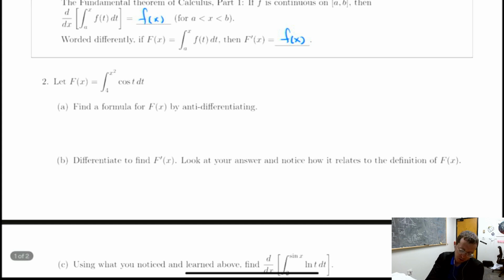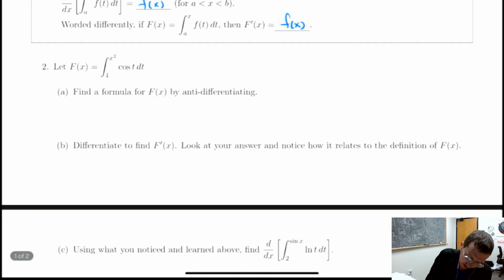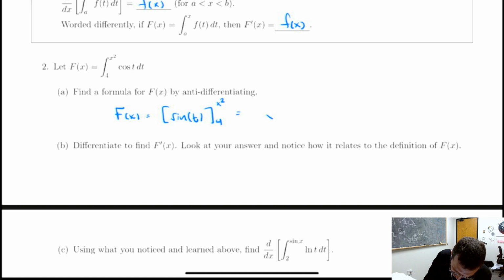Okay, so question 2 is similar, except now instead of having just an x in the upper bound, we have an x squared. But we can use the same strategy of applying the fundamental theorem part 2, which tells us to find an antiderivative, and then plug in the bounds.